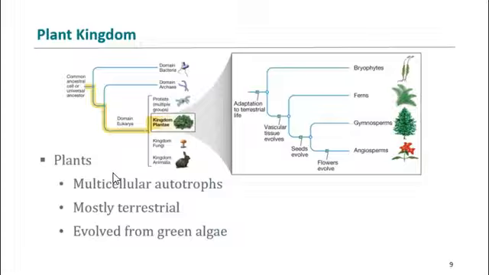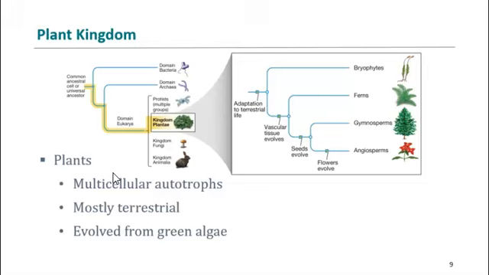They're able to feed themselves, right? And they do this through the process of photosynthesis. Now you may be thinking, okay, seaweeds and algae, which were protists, were also multicellular autotrophs. So how are they different? And we'll get into some of those differences in a moment, okay?